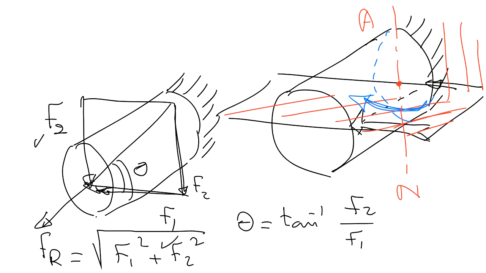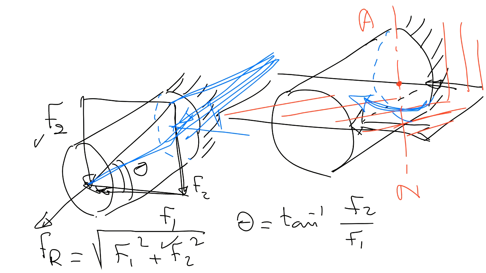If this one is making theta, then I can go to the center and draw another force making the same theta at the back, and then connect this one with that one. You see, guys, the plane will look like a rhombus. Okay, do you see that shape?